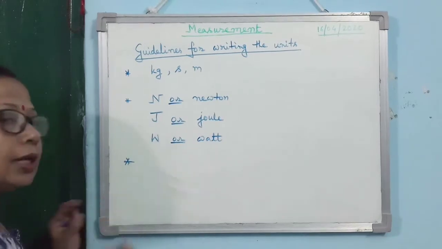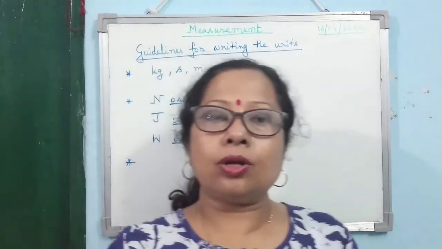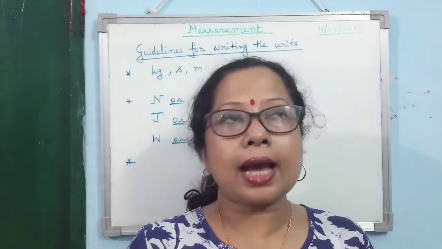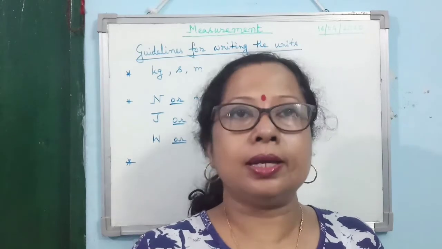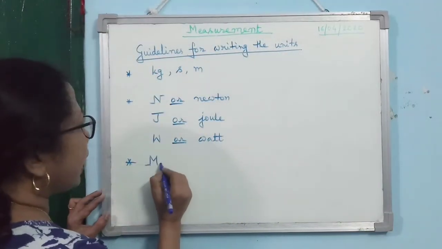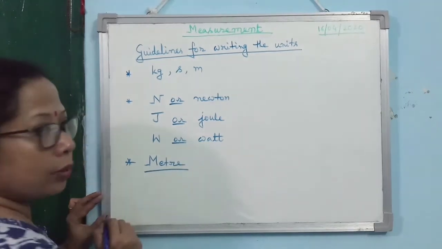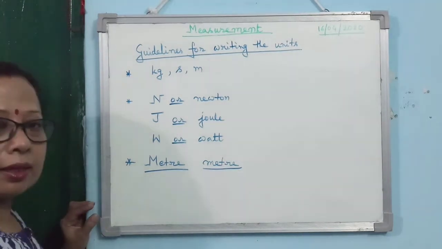Then the third point is that if you write the entire unit name, then you should write it in small letters only. If you write, suppose, meter, then you cannot write it with a capital letter. Clear?